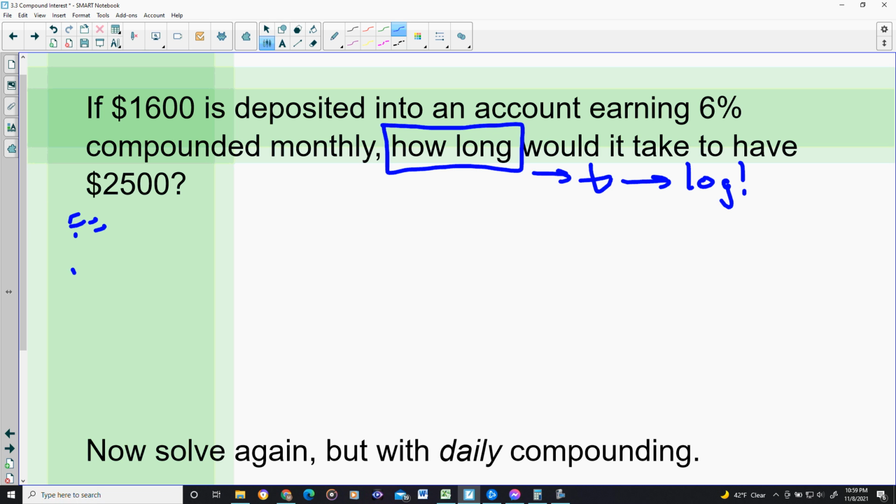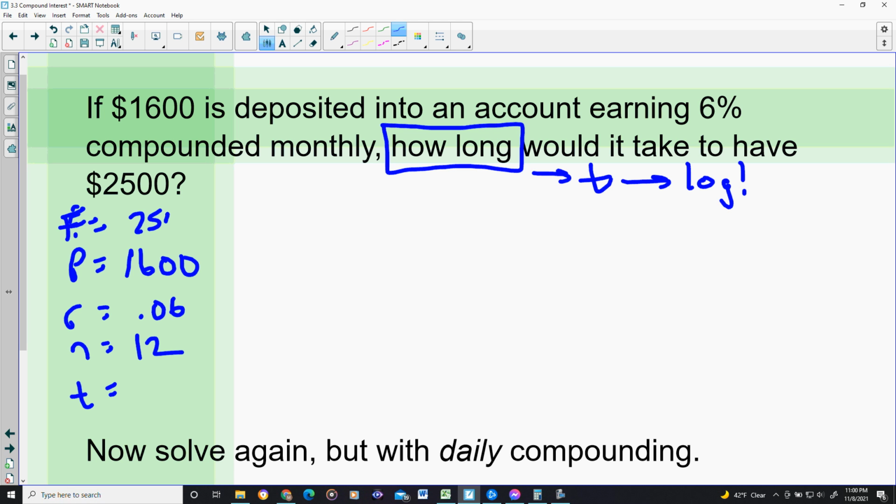F, P, R, and T. So $1,600 is deposited into an account earning 6% compounded monthly. How long would it take for the account to have 2,500?